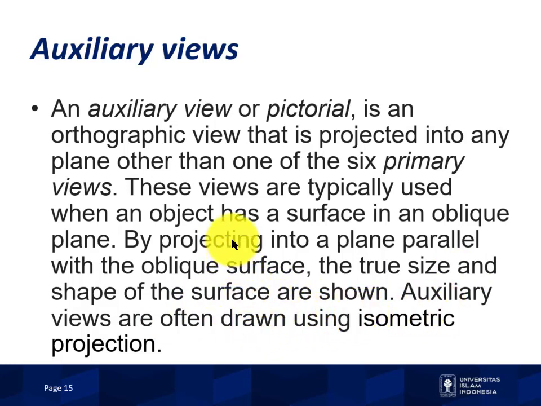So, what is an oblique plane? What is an oblique surface? What is an isometric projection? These terms, oblique plane or parallel projection or isometric projection, are like when we look at an object in a 3D view. If we look at a cube from the front, we have just a rectangle.